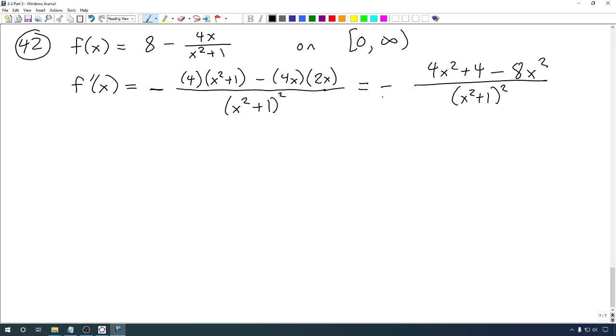But then we have this minus sign out in front. I'm actually going to go ahead and distribute that on top. That's going to turn what we had of a minus 4x squared into a positive 4x squared, but it's also going to change this plus 4 to a minus 4. So my final derivative here is 4x squared minus 4 over x squared plus 1 squared.